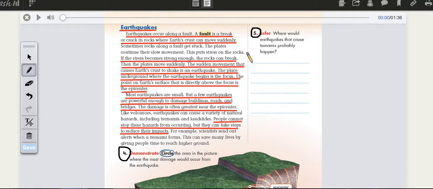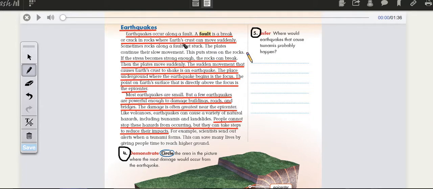So to move on, earthquakes occur along a fault, and a fault is a break or crack in rocks where Earth's crust can move suddenly. So what causes an earthquake generally is having a fault, a break or crack in the rocks of the Earth's crust.